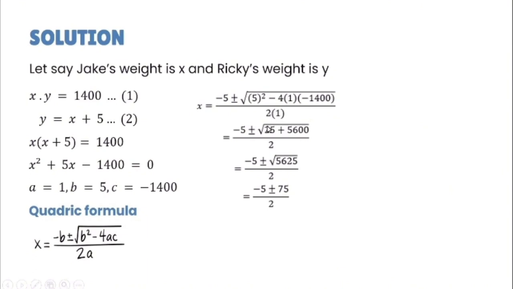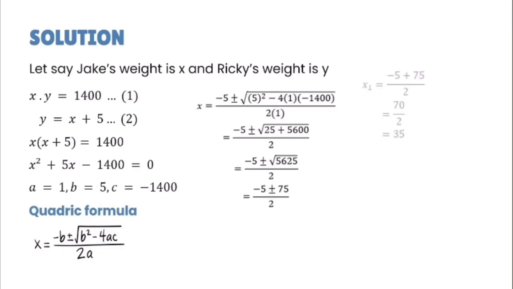So, 25 plus 5,600 equals 5,625. Negative 5 plus minus square root of 5,625 over 2 is equal to negative 5 plus minus 75 over 2.